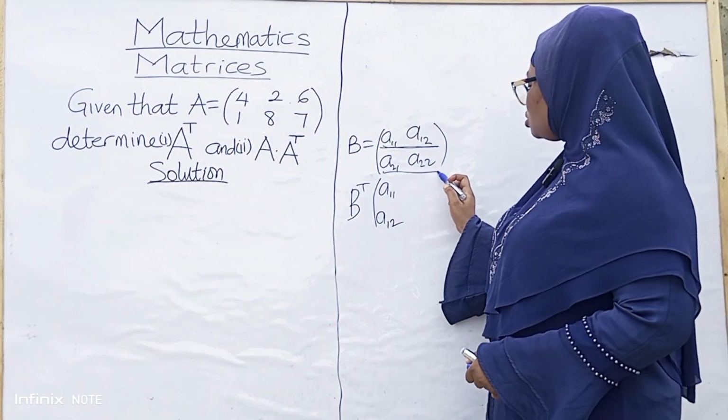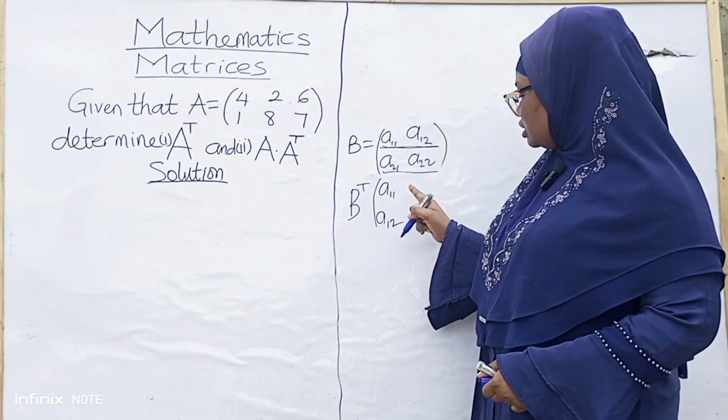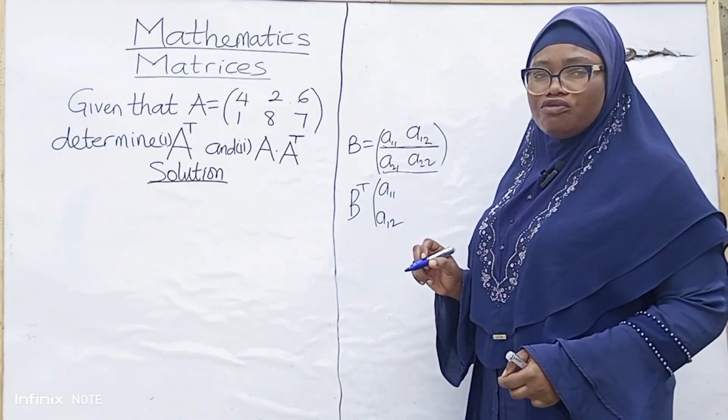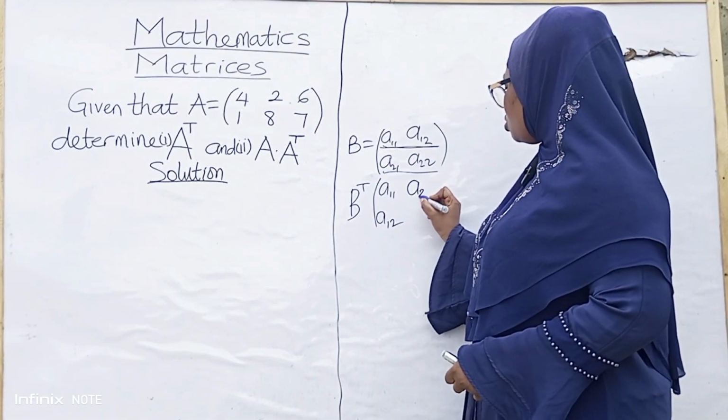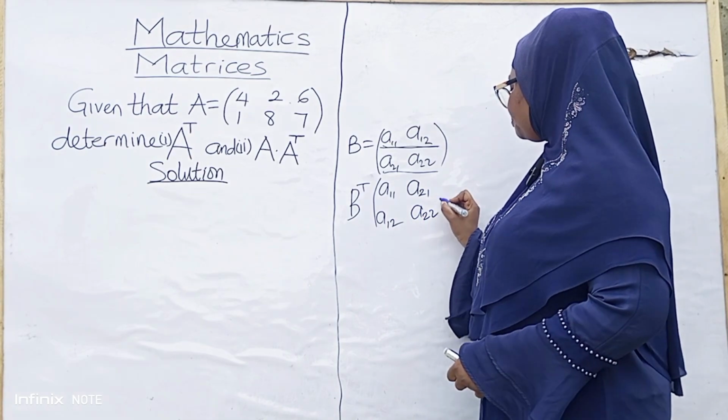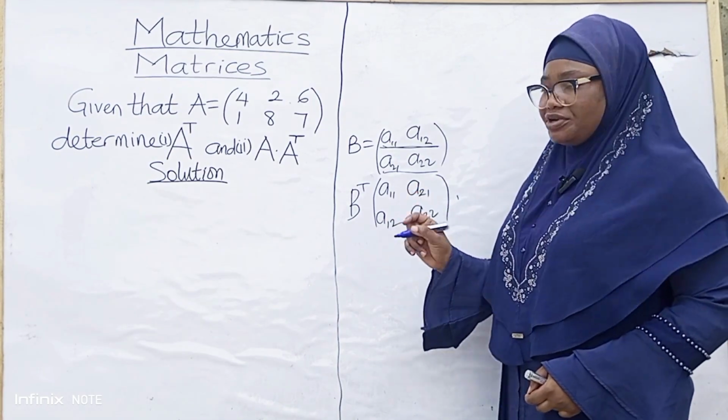The second row becomes the second column of its transpose, which is A21, A22. You can see the difference there.